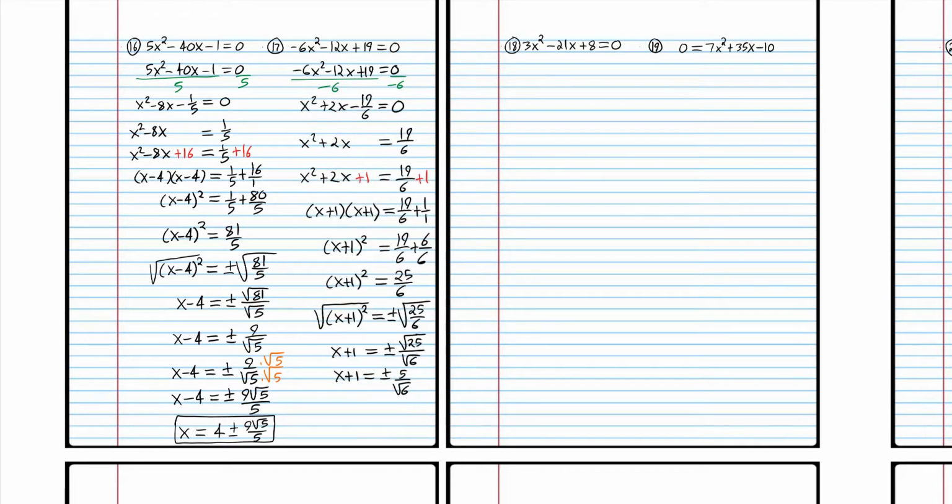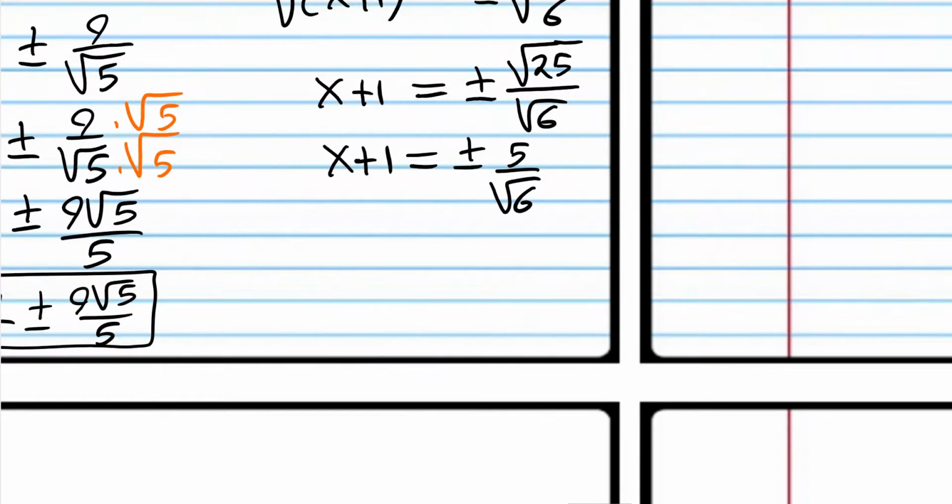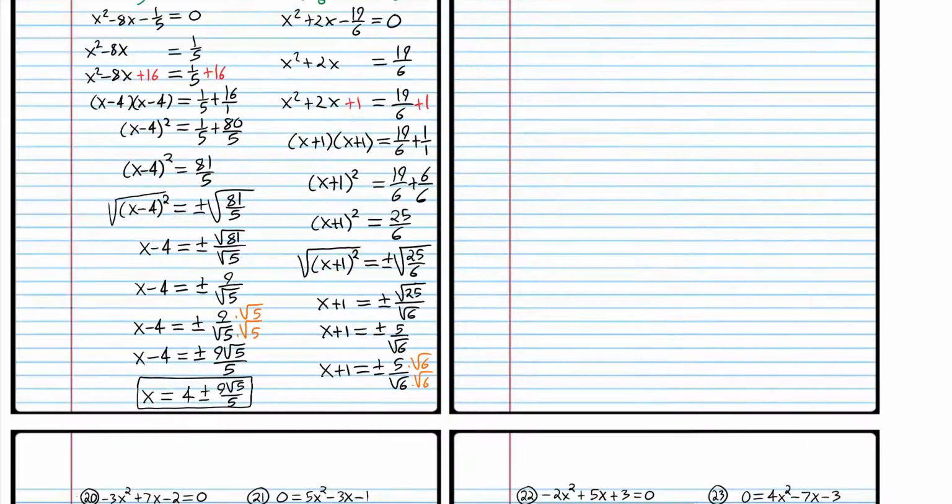So we just move that up a little bit. We're going to have to multiply both sides of the fraction by root 6 to get rid of that root in the denominator.